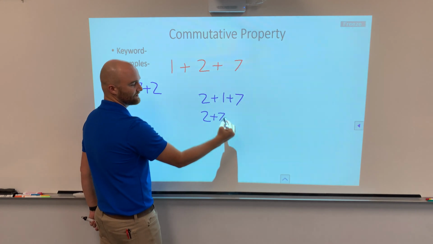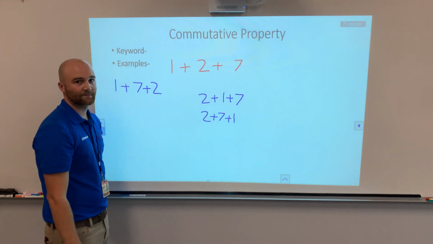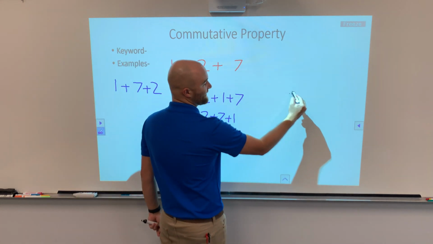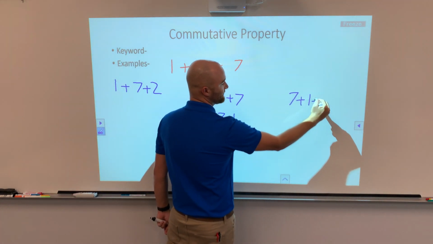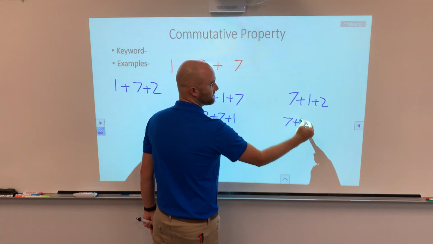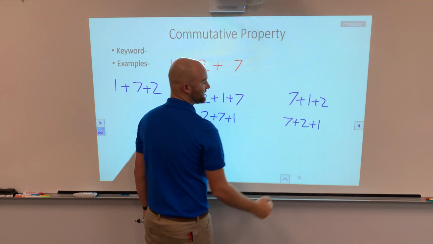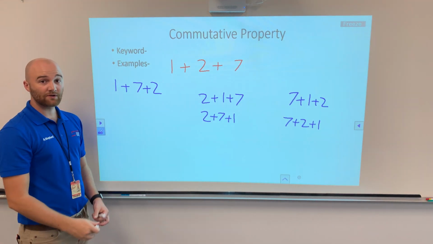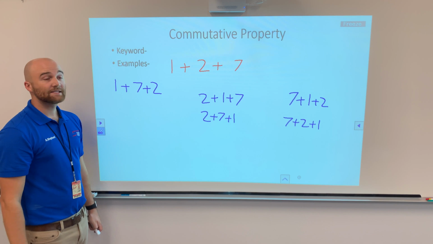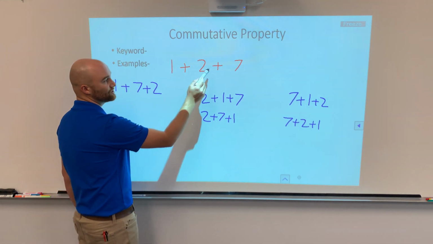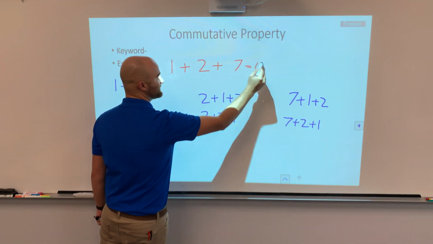2 plus 7 plus 1. Another thing that I could do is I could put the 7 in front. I could say now I've got 7 plus 1 plus 2, or I've got 7 plus 2 plus 1. And no matter how I rearrange it, the commutative property of addition says that when I add all of these up, if I add 1 plus 2 plus 7, I'm going to get 10.